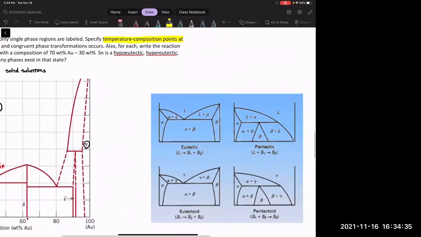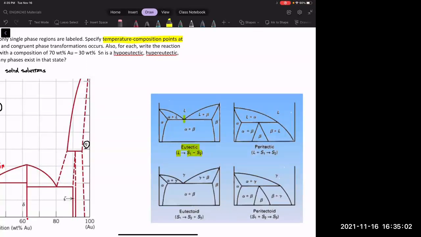There's a reaction equation you can find in the textbook. So a eutectic, which is this one here, is liquid to two solid solutions. This point here is the point that represents the eutectic.